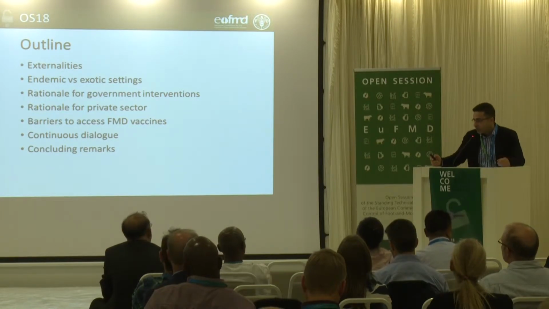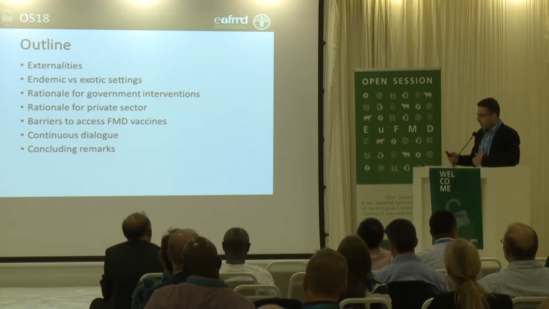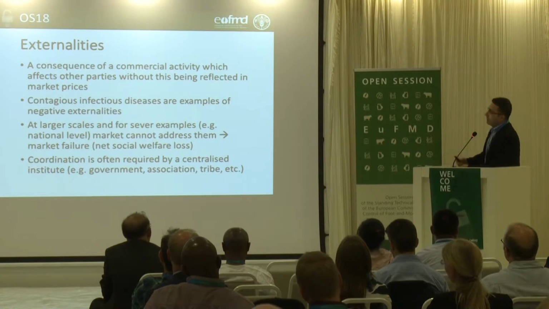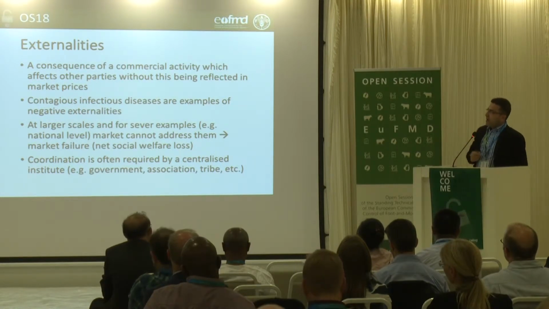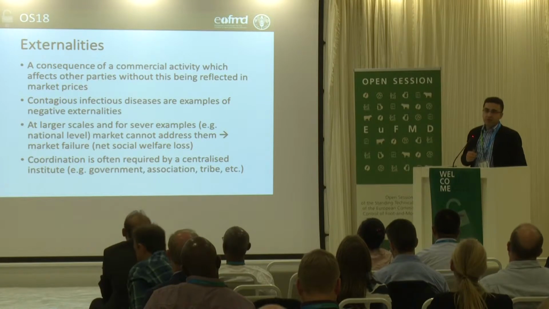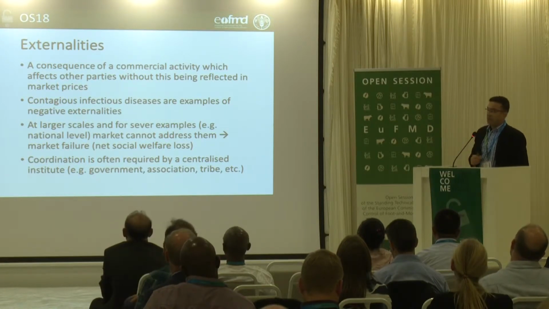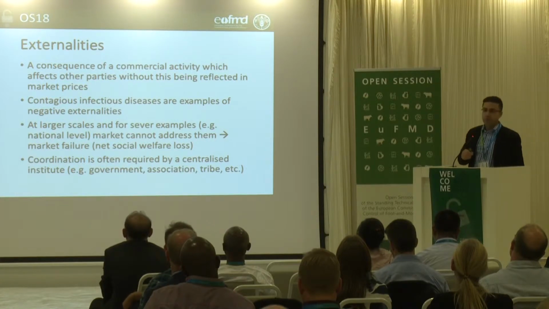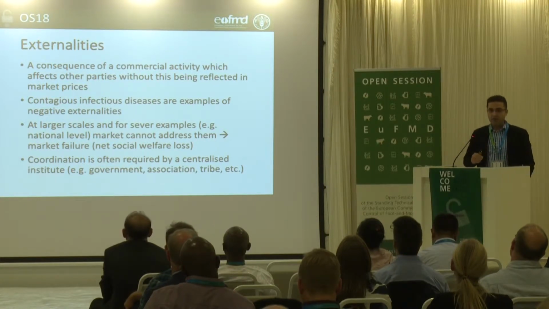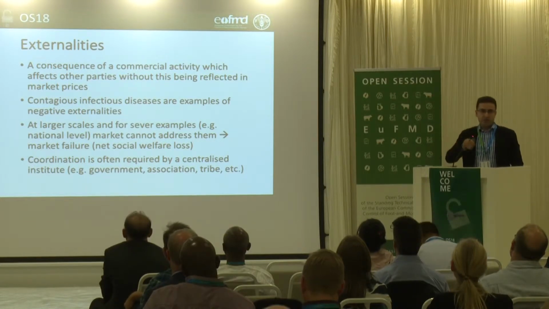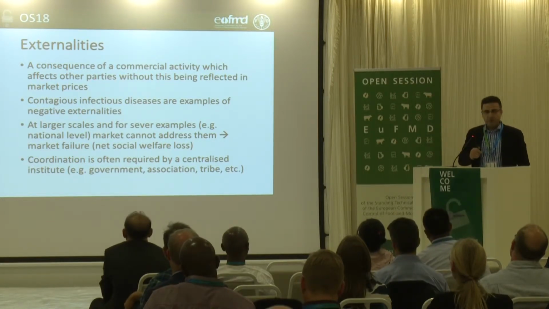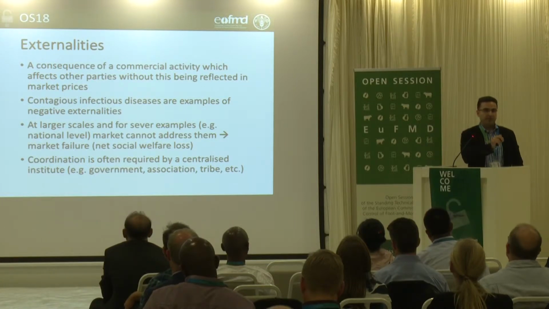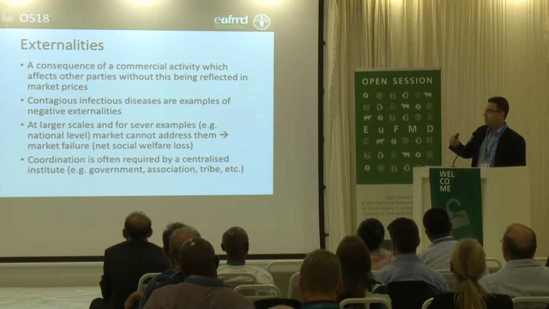Thanks to Kuhn for introducing some concepts already, but I'll start with externality. Basically, a consequence of commercial activity which affects other parties without this being reflected in market prices is known as an externality. It can be positive or negative. A positive externality, for example, is when a beekeeper keeps bees for producing honey.